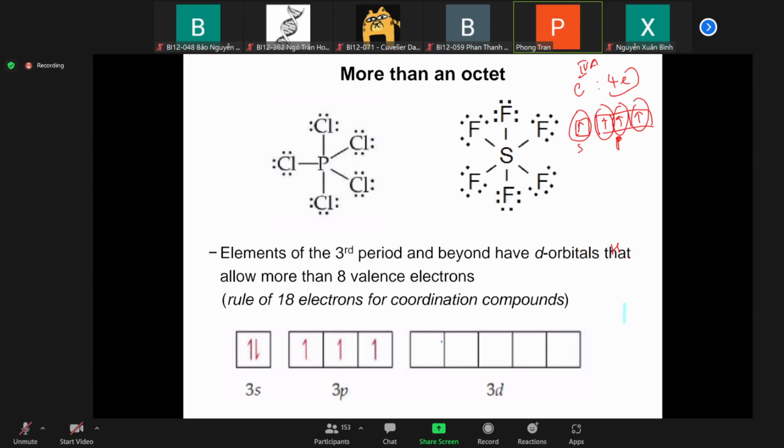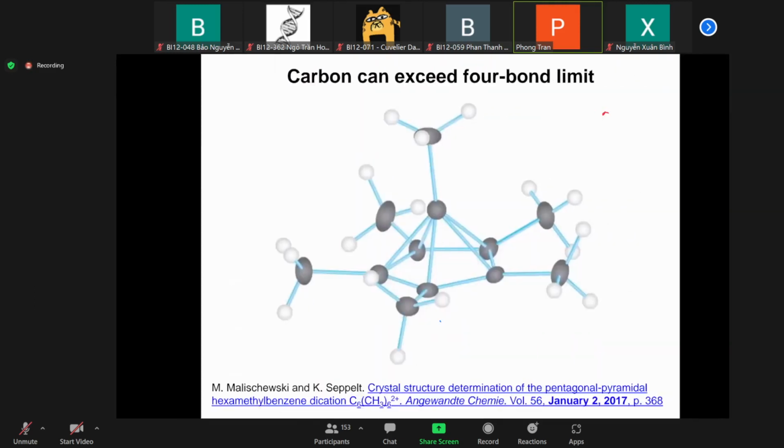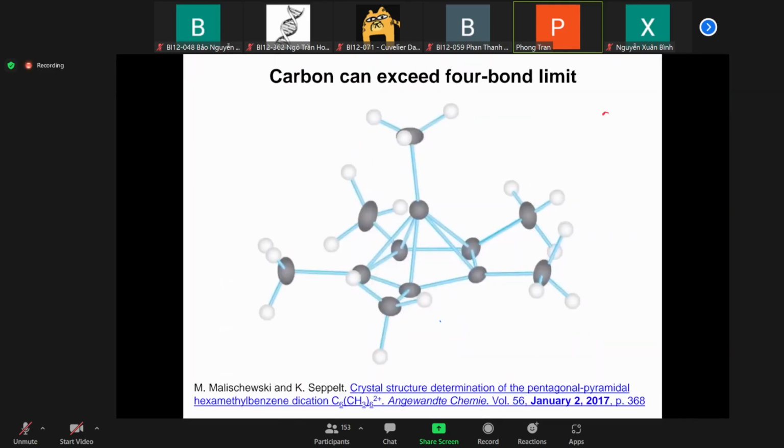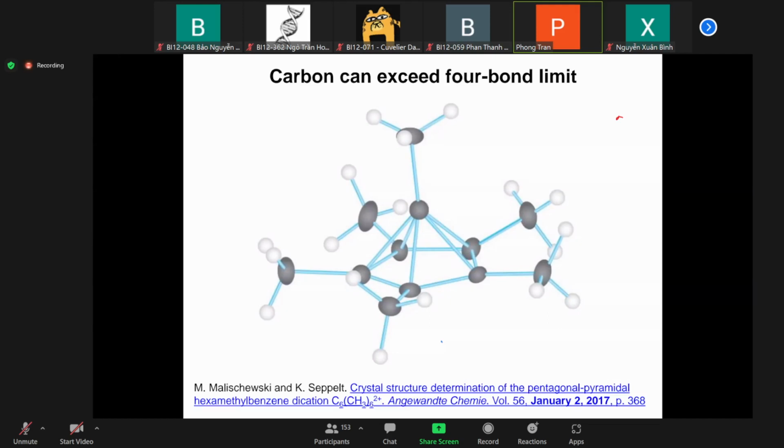However, very recently, a few years ago, a research group in Germany published this structure. You can see that the carbon can now exceed the 4 bond limit. The black here is carbon.